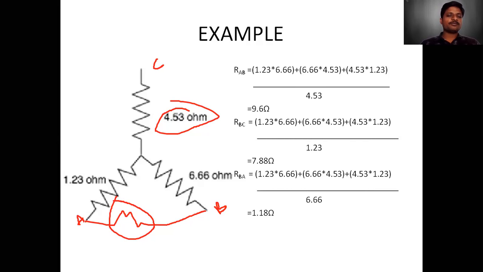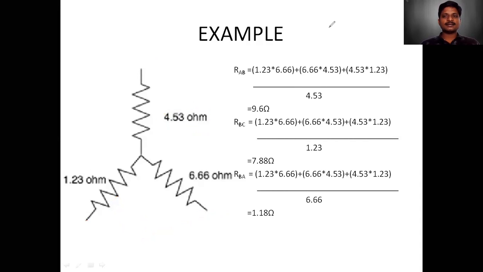Using the same formulas or reverse formulas, you can find the values of the star network when the delta is given. So this is how you have to understand star delta conversion. With this, we have completed the first unit. From the next unit, we will be looking into two-port networks. Okay.